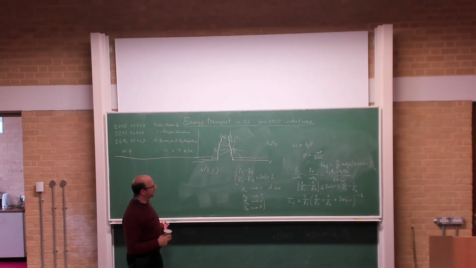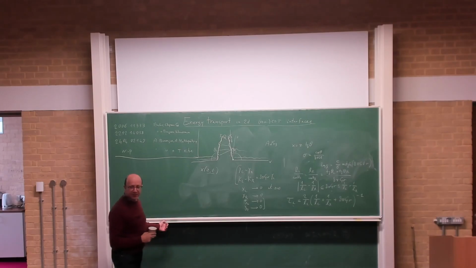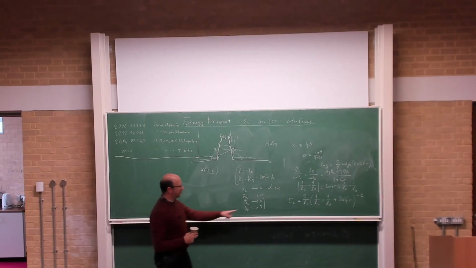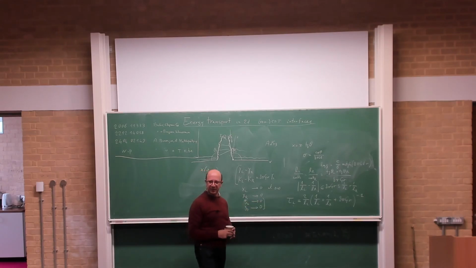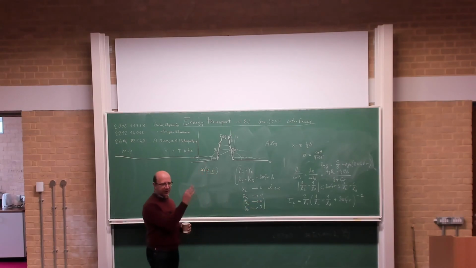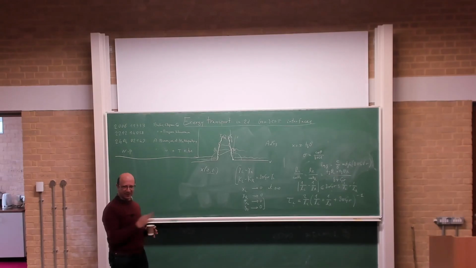So okay, one other thing. The limit of perfect reflection means the transmission goes to 0. You can see from this formula that this requires the tension to go to infinity. So if you want a factorizing interface, or something that has complete reflection, this can only be achieved in the infinite tension limit.